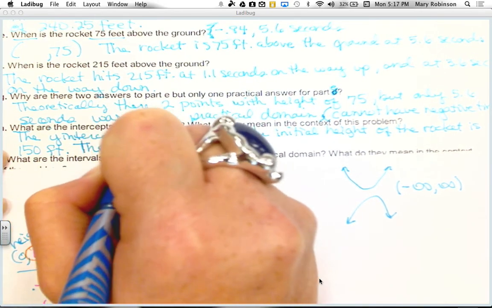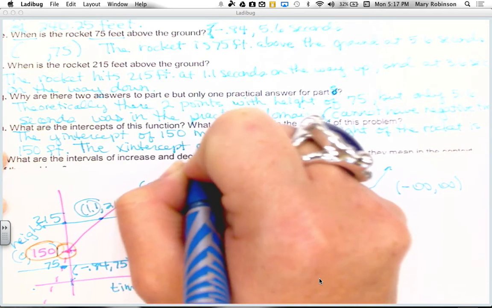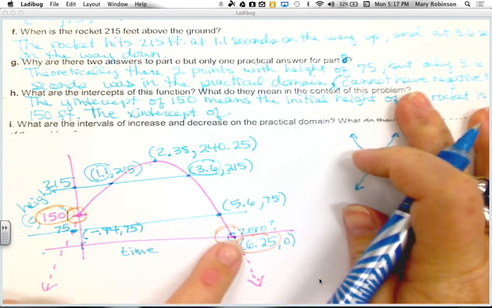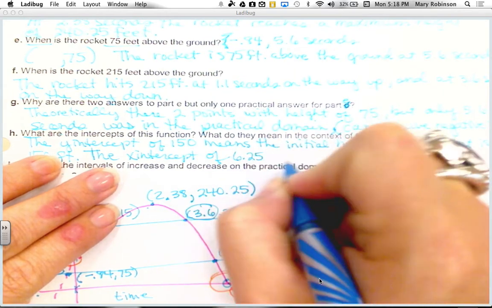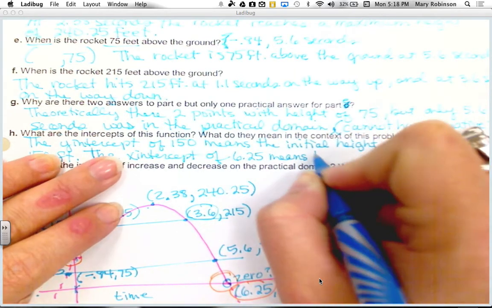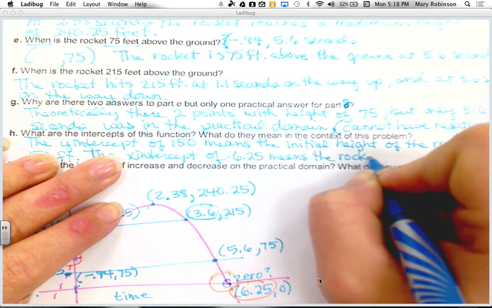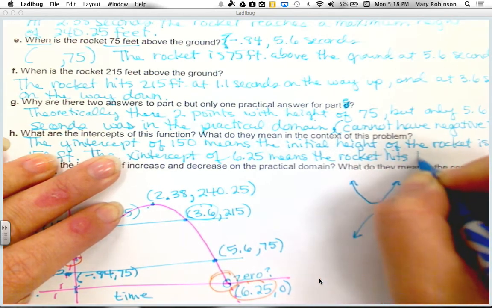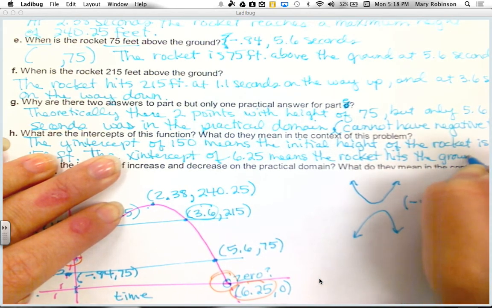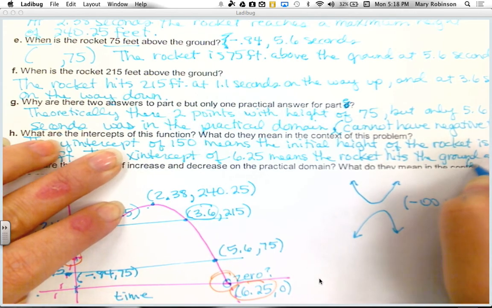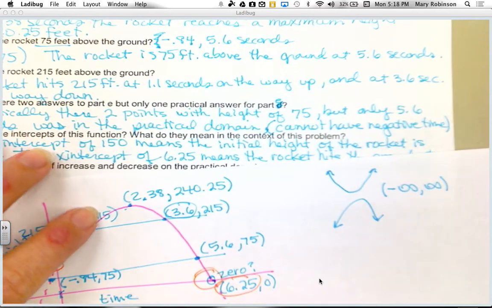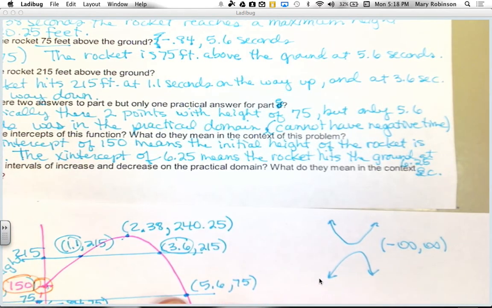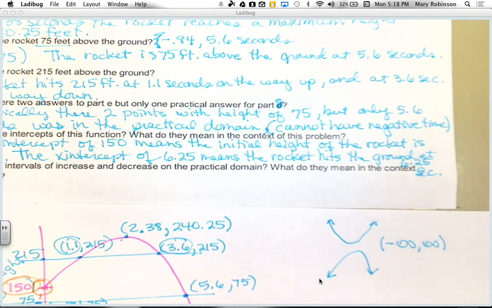The x-intercept of, and if you recall what that value was, 6.25, means the rocket hits the ground at 6.25 seconds.